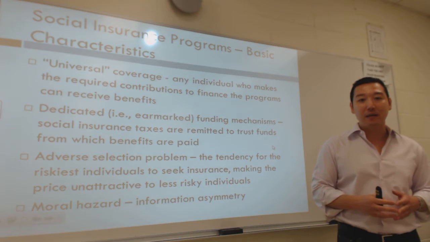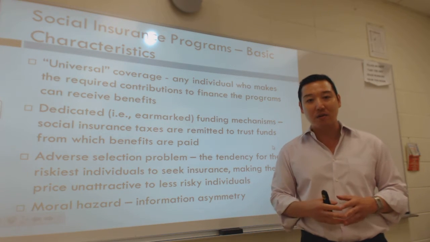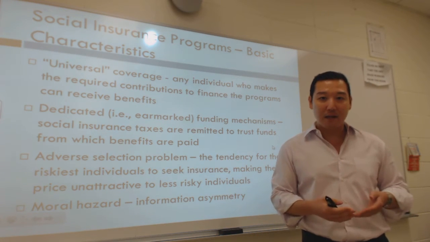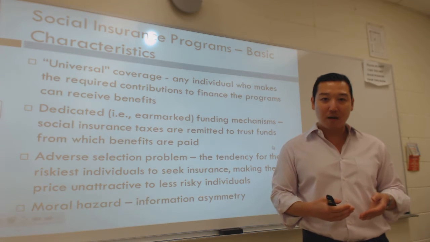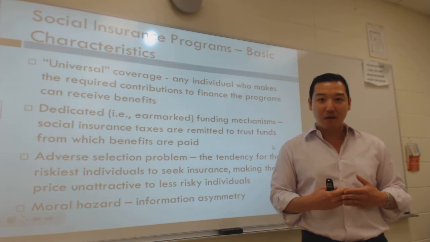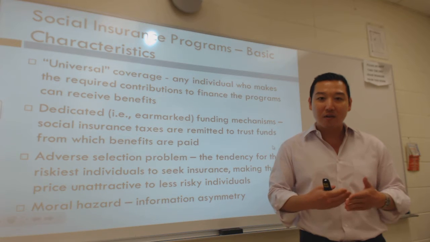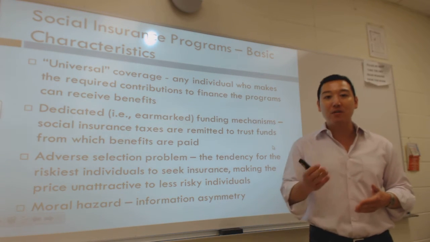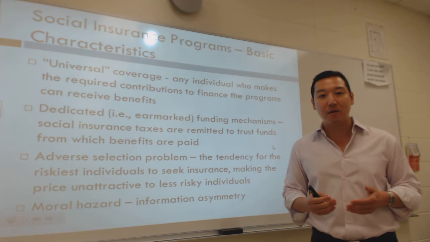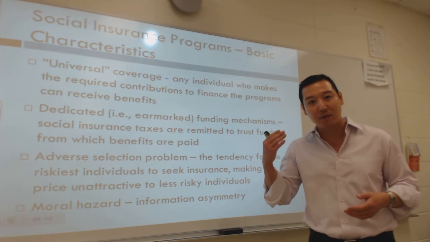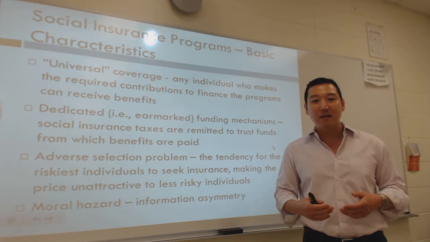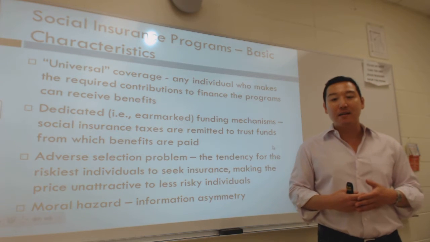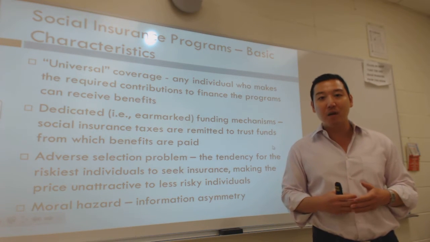Now, moral hazard is another sort of related issue. This is not about enrollment in insurance, but it's about once you have insurance, it's about overuse of that insurance or the use of that insurance. That's a moral hazard problem. So once again, thinking in terms of car insurance, I think it's easy conceptually to think in terms of car insurance. Let's say you have a tendency, let's say there were no deductible, right?